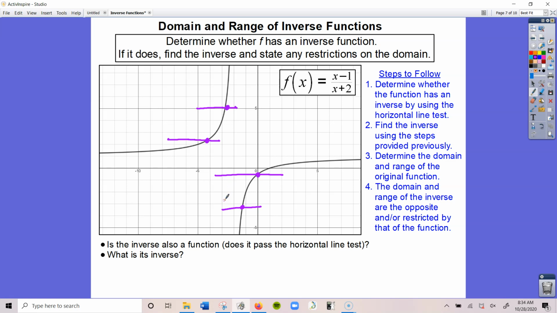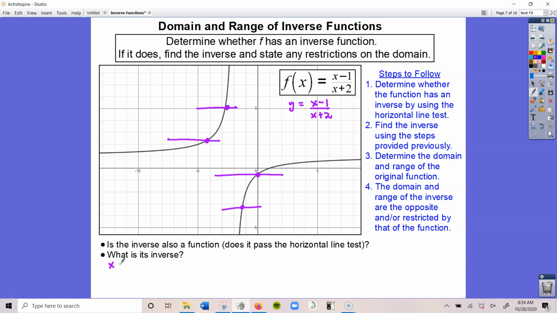We're going to use the steps that we used previously to determine what that inverse is. So remember that this is y equals x minus 1 over x plus 2. Now in order to find the inverse, we're going to replace x with y and y with x.